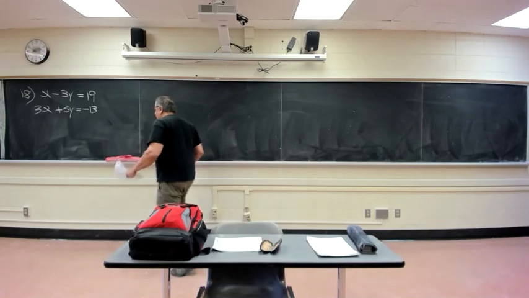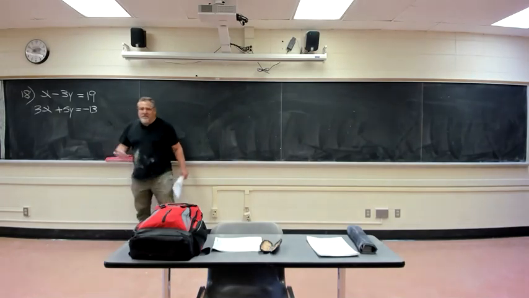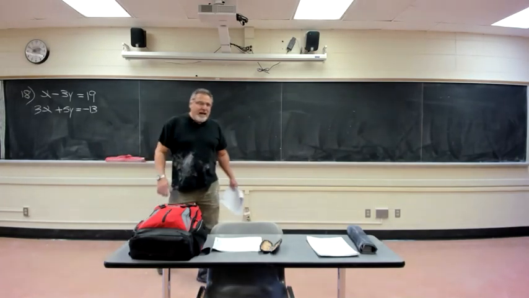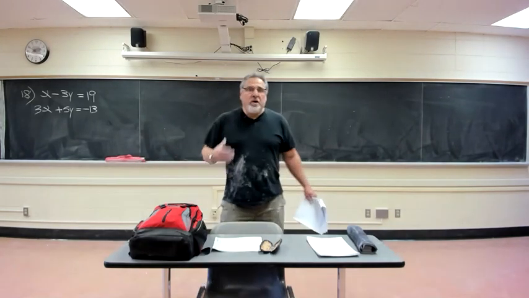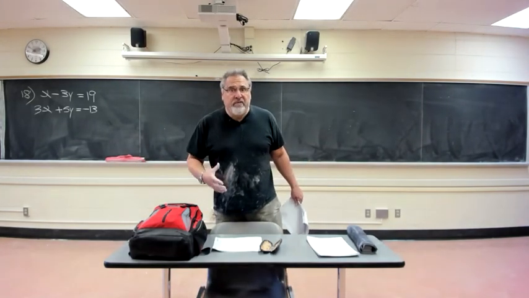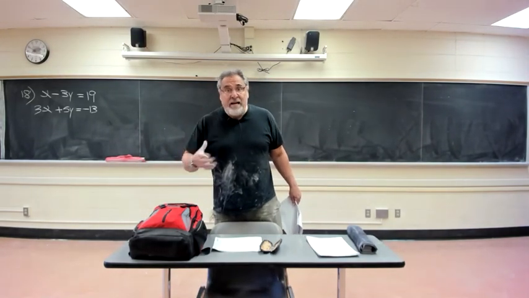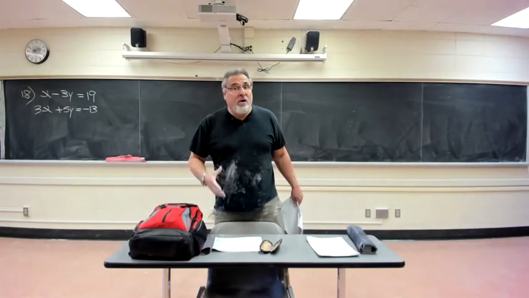To solve equations like this, there can be any number of them. There's some beautiful mathematics known as Cramer's rule, where you can use determinants to solve as many equations in as many unknowns as you wish.